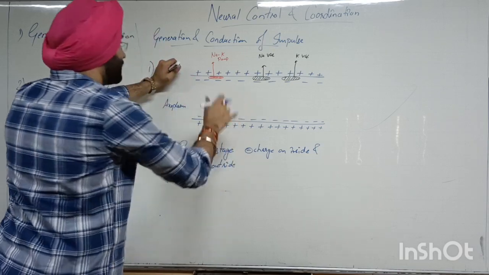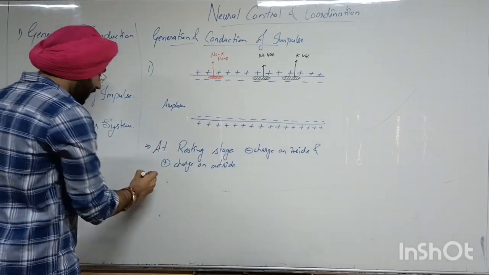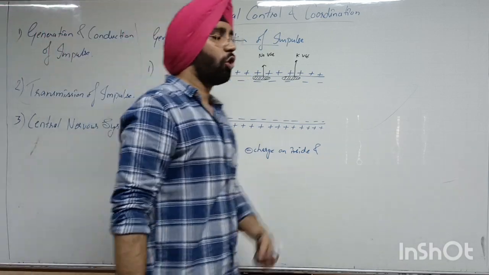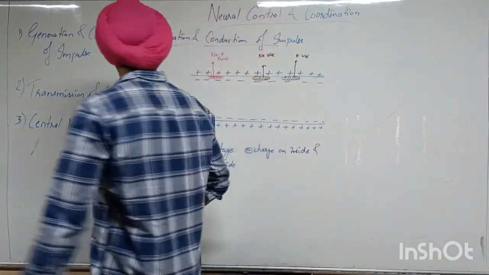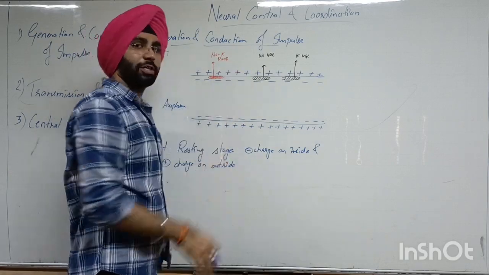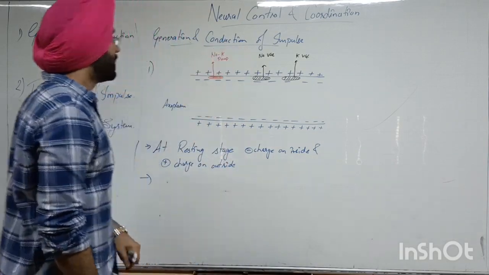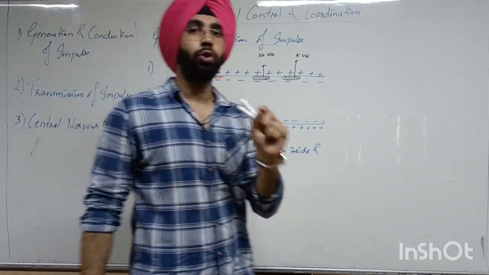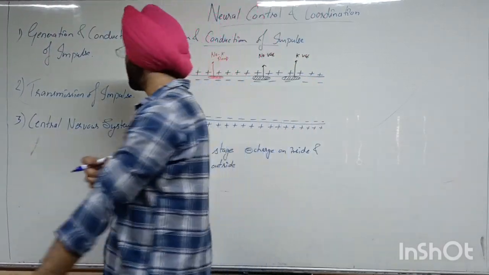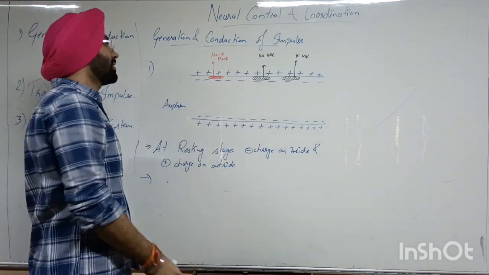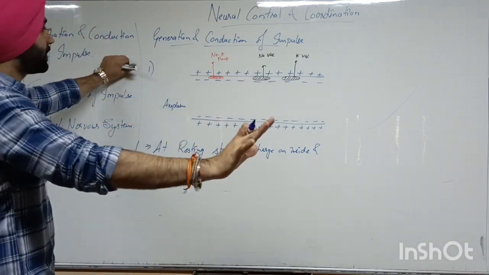As you can see, this is the resting stage. The next point is that sodium potassium channels are always open. That means this pump is responsible for negative charge inside and positive charge outside. Such a condition is known as the polarized state, when positive charge is outside and negative charge is inside.